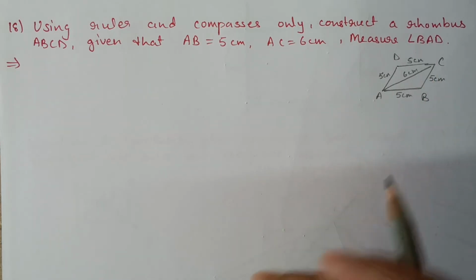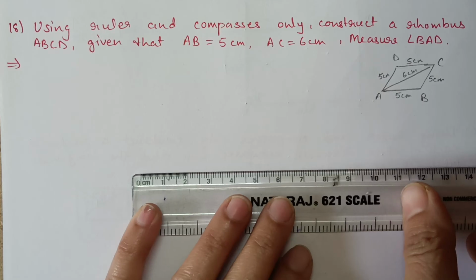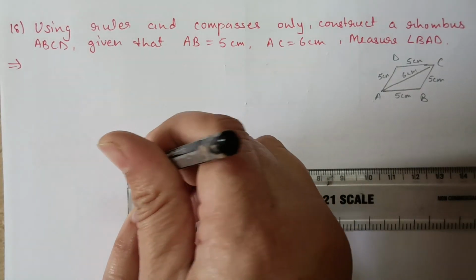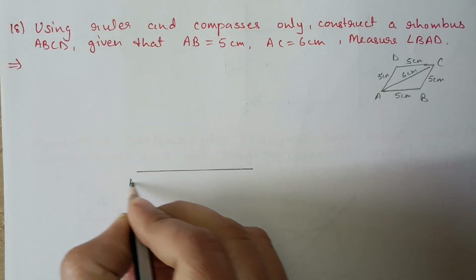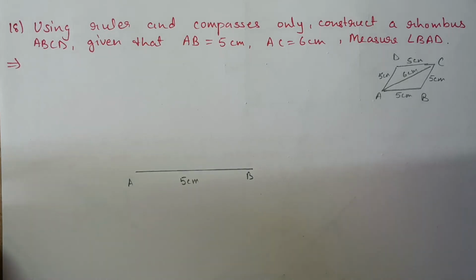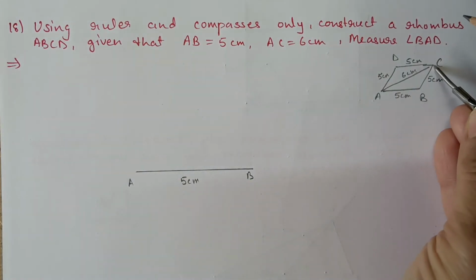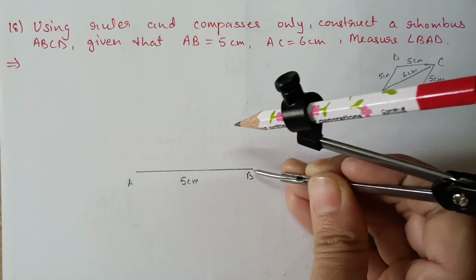Now we will start its construction. First of all, baseline we will draw 5 centimeter, A to B, 5 centimeter. Now from B we have to put a 5 centimeter arc, and from A we have to put a 6 centimeter arc.